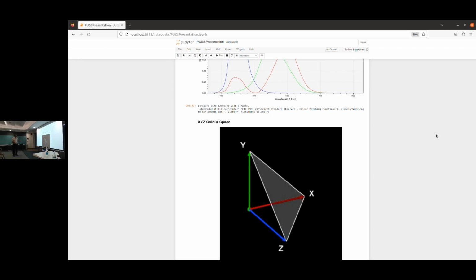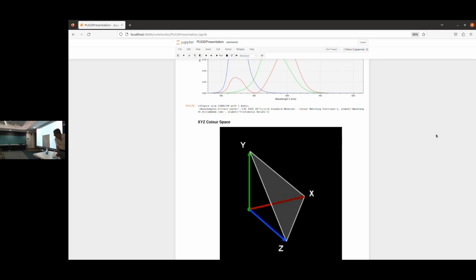So to make it easier, a simple technique was used: the projection of those XYZ values on the unit plane. The diagram that you see is essentially the projection, or intercept, of those XYZ values on the unit plane.